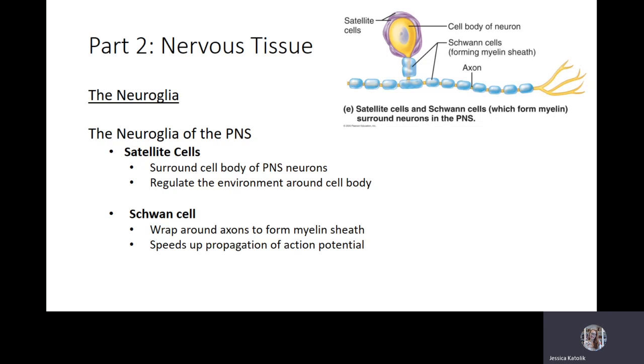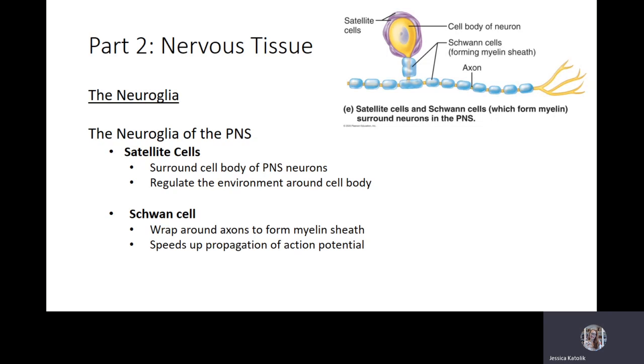While each Schwann cell is going to wrap around a specific area of the axon, and it's not going to have that branching octopus-like structure. It looks more like a rolled carpet around the axon. That's how I imagine it. So these are the two neuroglia that are found in the peripheral nervous system, the satellite cells and the Schwann cells.